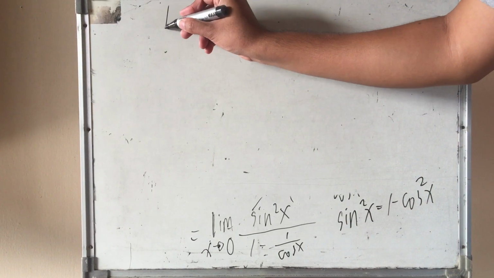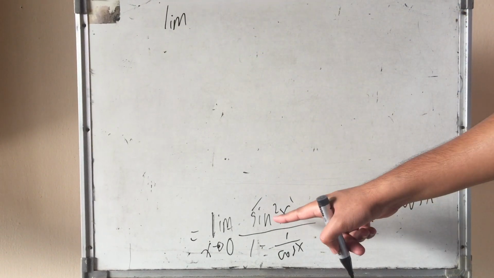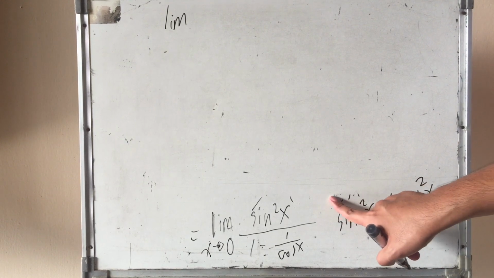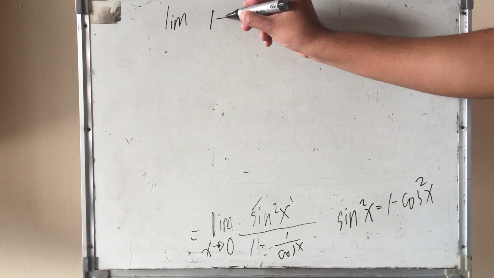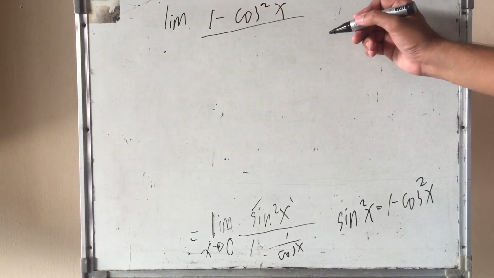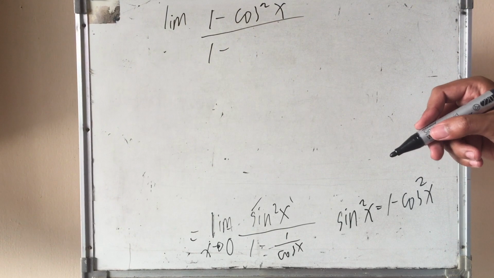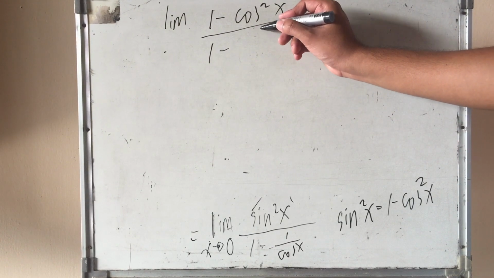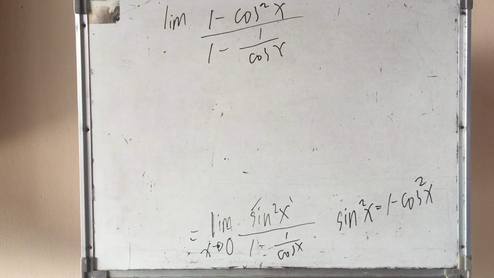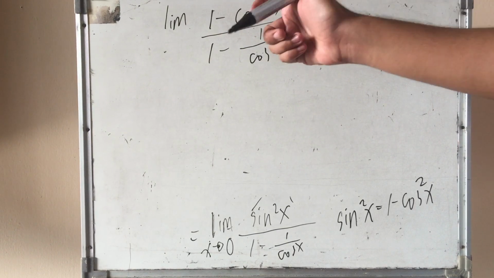So we have the limit of sine squared x, apply the identity, 1 minus cosine squared x divided by 1 minus 1 over cosine x as x approaches 0.